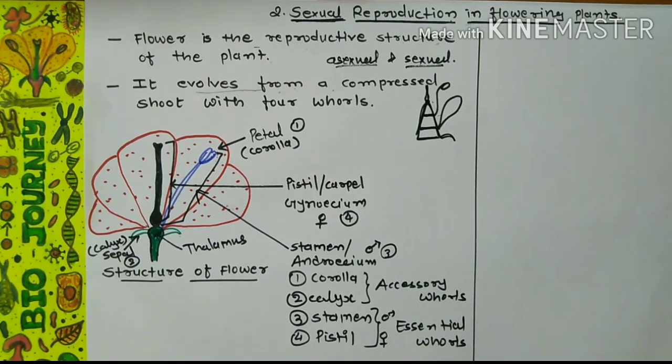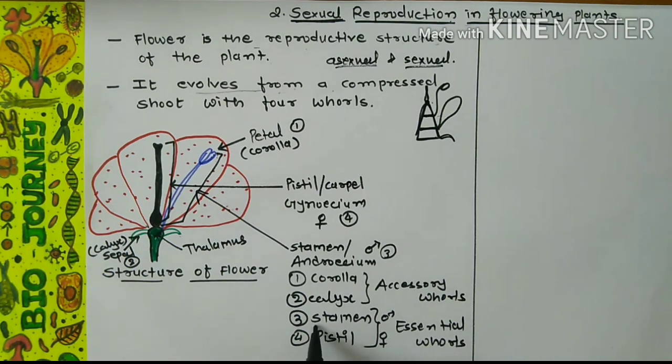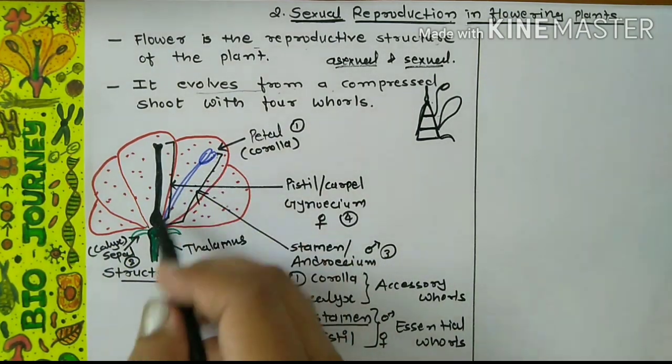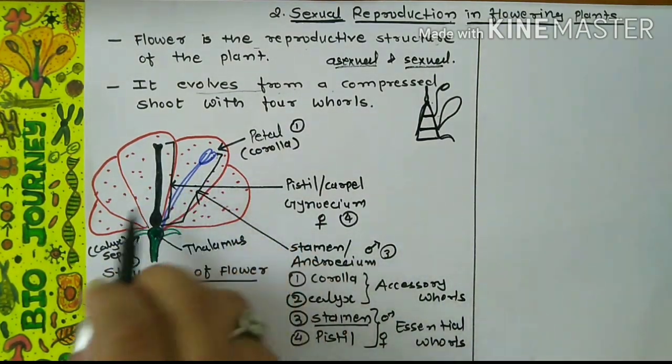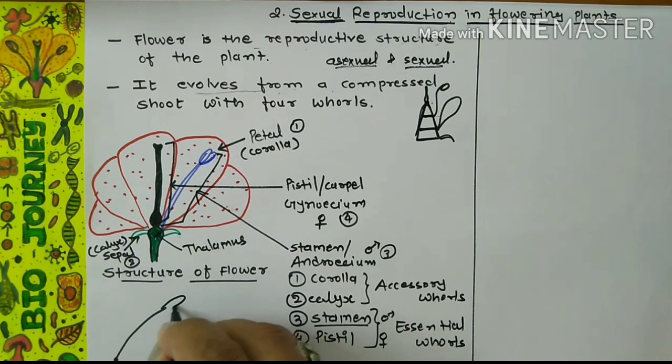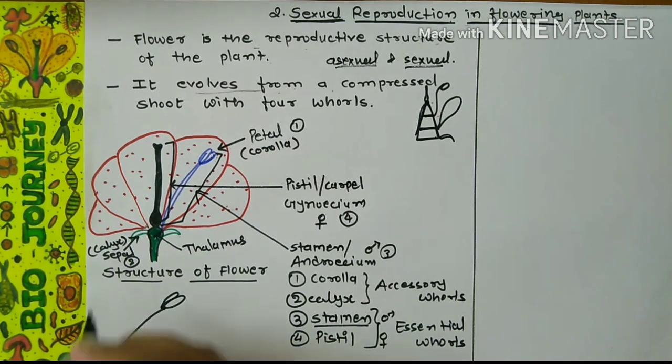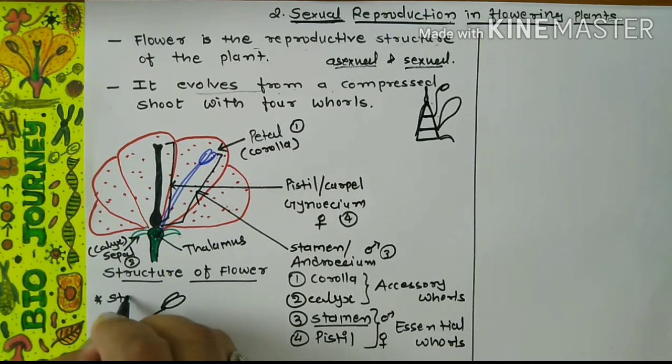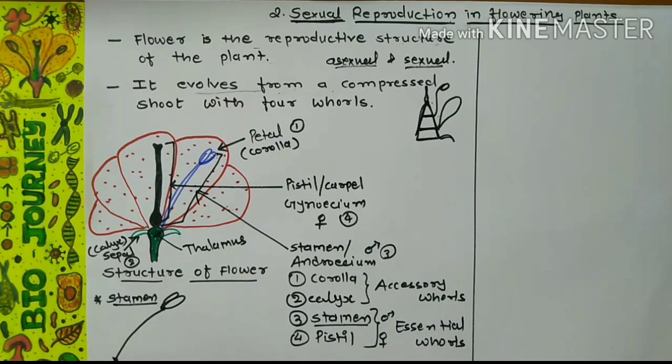Before we move on to the details of the reproduction process, let's see the parts of the stamen. If we dissect the bisexual flower and remove the different parts carefully, you can see this structure here, which is the stamen.